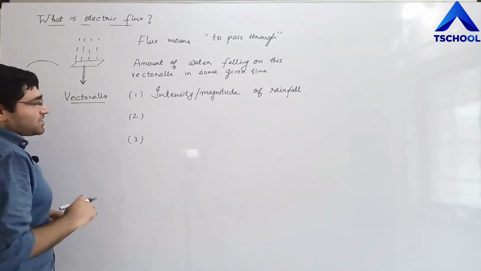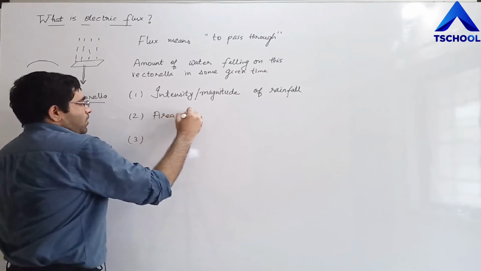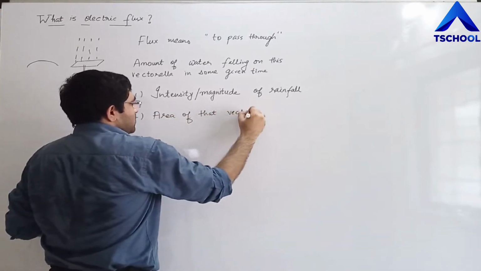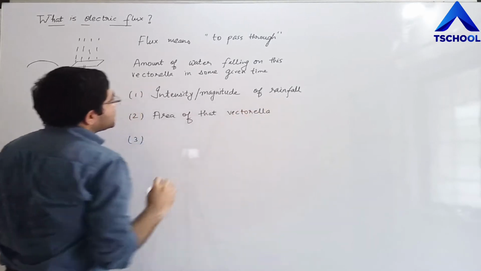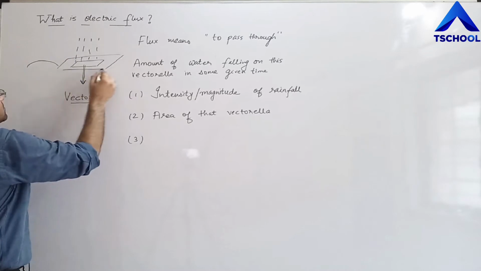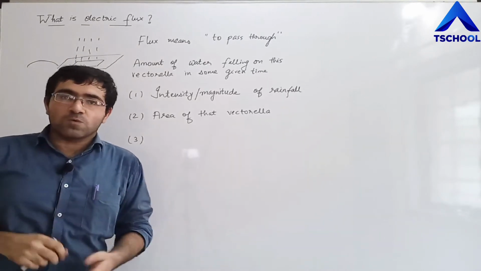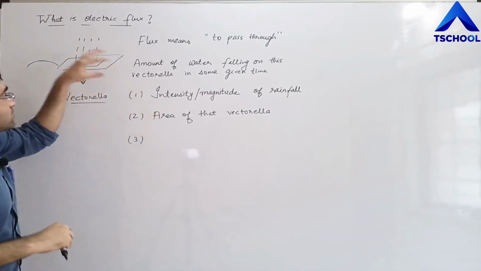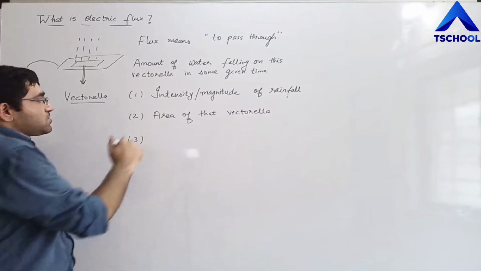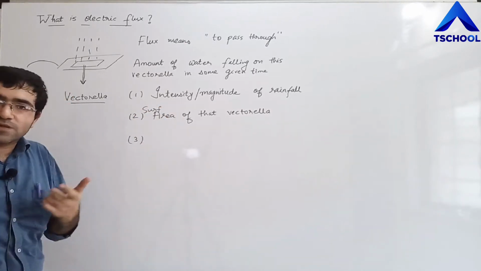The second thing it depends on is obviously the area of that vectorella, or the surface area. If there was a bigger surface, obviously more water is going to fall.